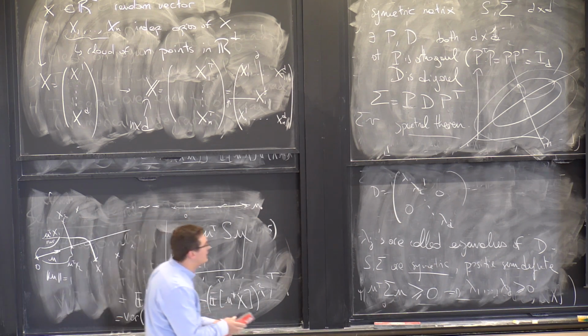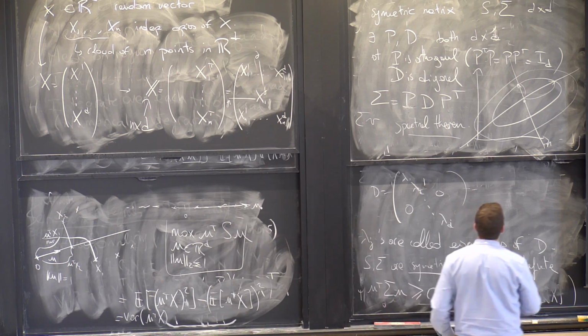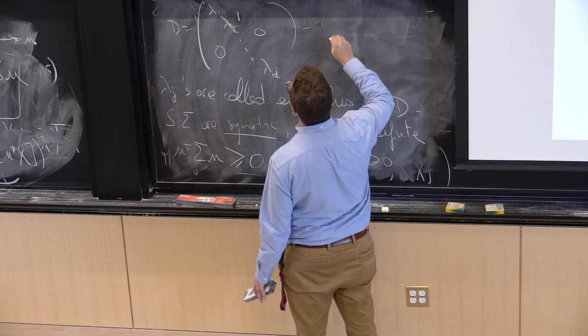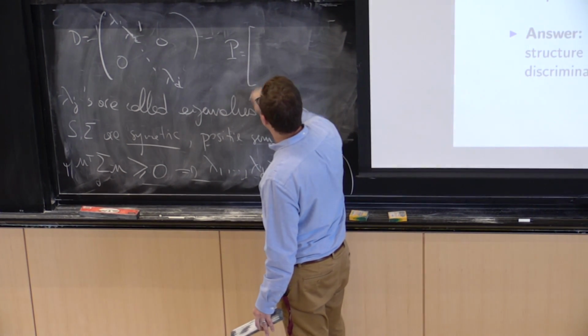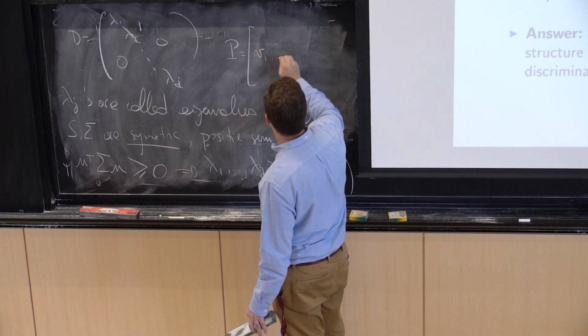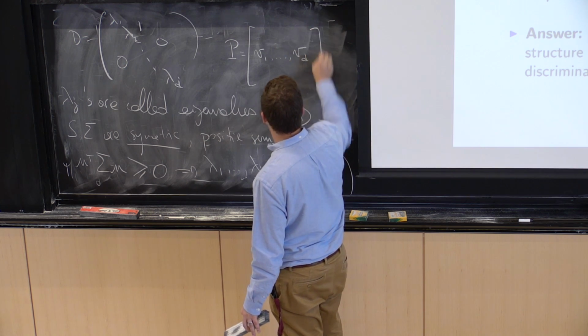Oh, I forgot to mention, and I will use this. The columns of the matrix P are called eigenvectors, V1 to Vd.